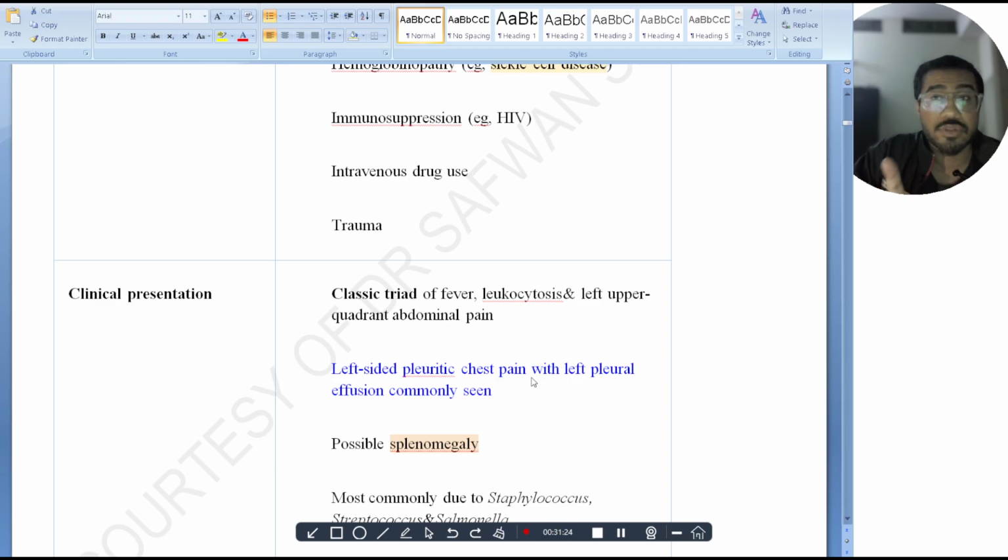Don't confuse it with lobar pneumonia or anything like that, because you might think the patient is having pleuritic chest pain, and if you see the X-ray, you're going to see blunting of the left costophrenic angle, and you're going to see that it's an effusion. So don't confuse it with that. Effusion can occur because of the irritation and extension of the inflammation.